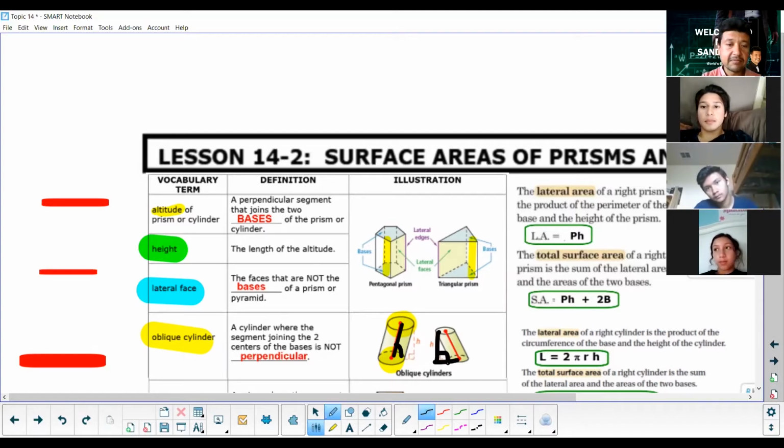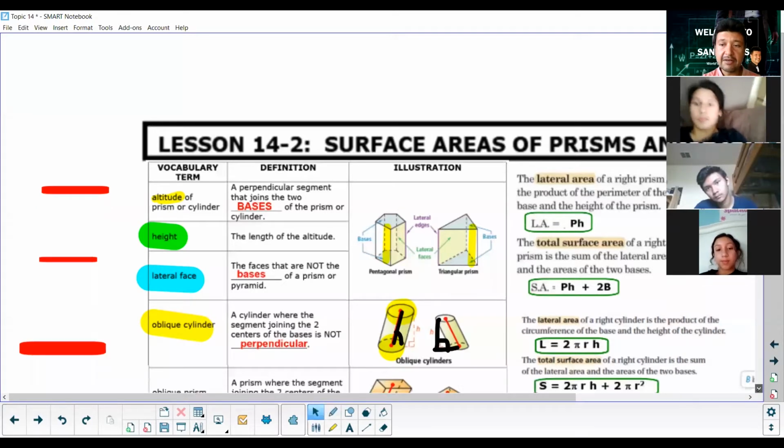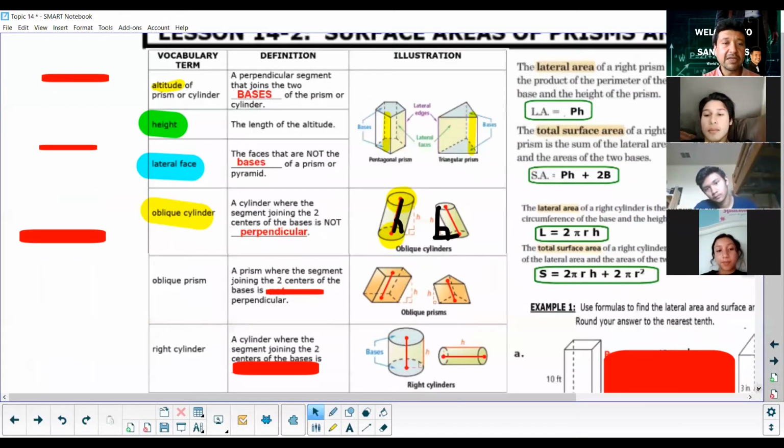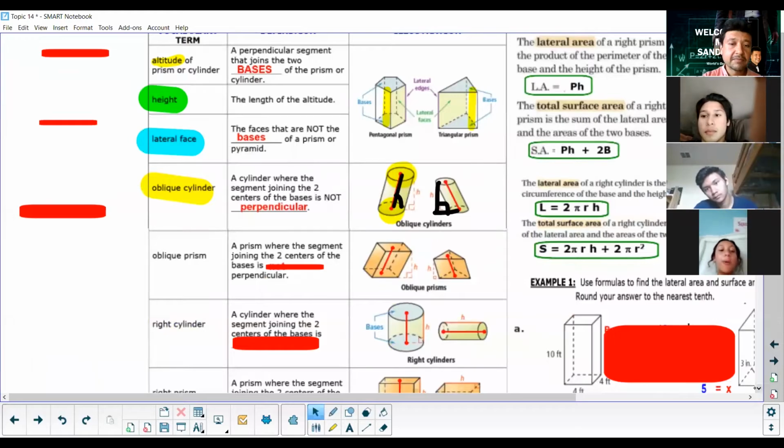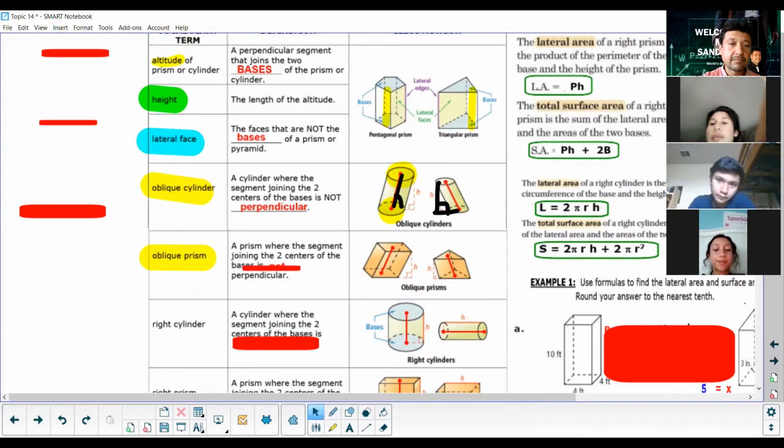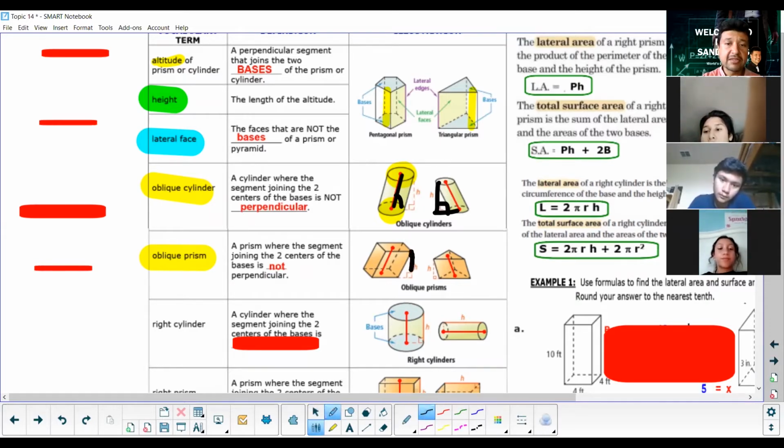Now let's scroll down and have Maximus read oblique prism. The prism where the segment joining the two centers of the bases is not perpendicular. Similar to the one on top, the height is going to be somewhere different. You're guaranteed that when they're oblique.